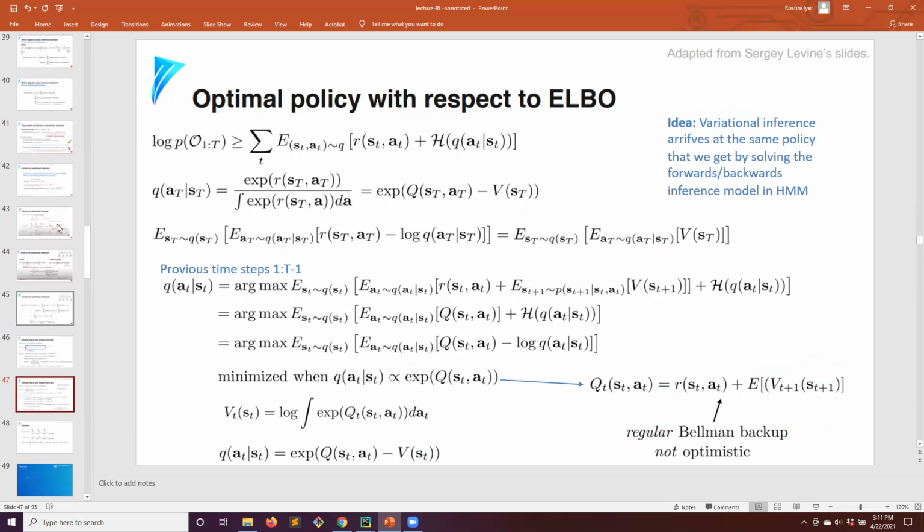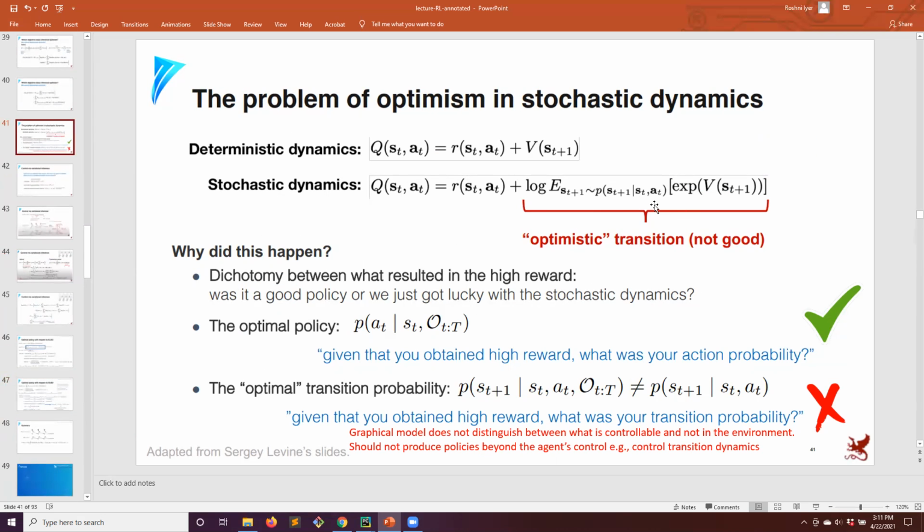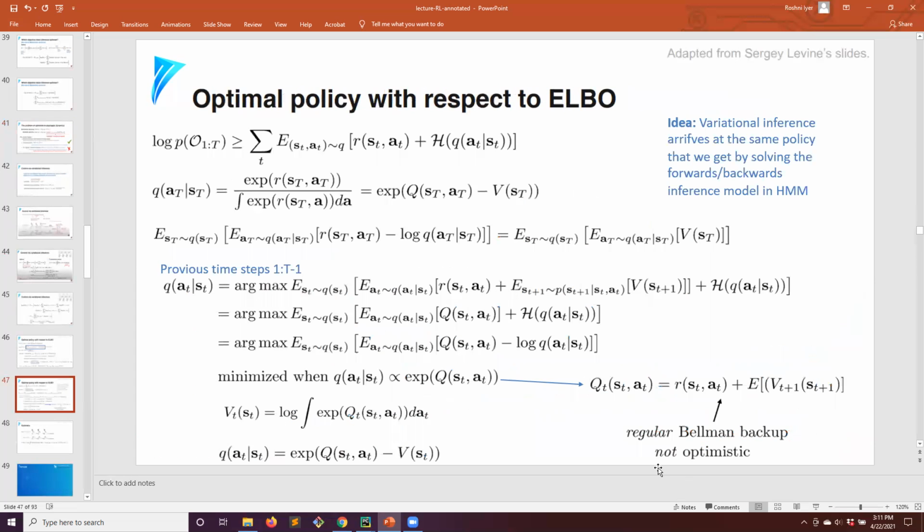And the other thing is in this model, we gave it flexibility to control this part, this transition dynamics, but we wanted to make sure that we fix it so we don't have the agents learn policies that are not in their control. So because we explicitly fix it, this part is actually taken care of. So this is the final equation we have here, and it's not that optimistic.